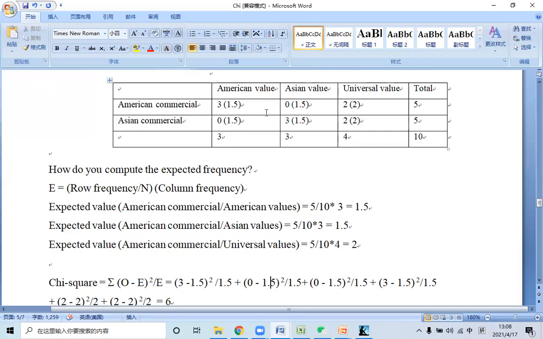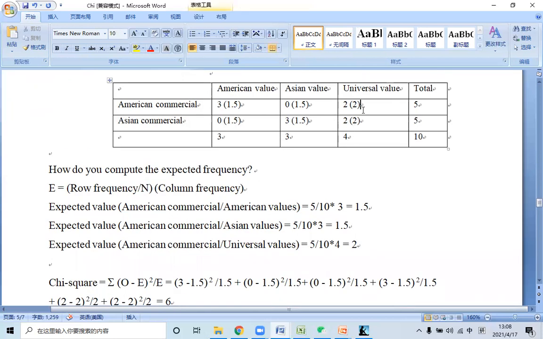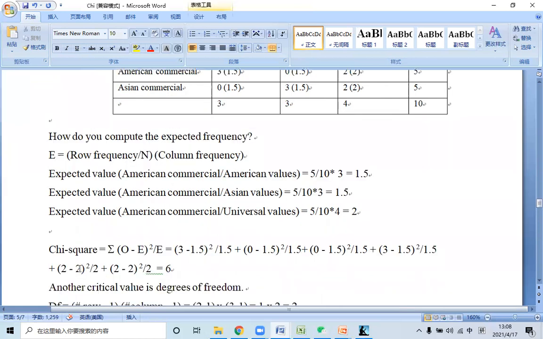So I went this way. For the next one, Asian value, 0 minus 1.5 squared divided by 1.5. For the last column, so I went by the columns, you have 2 cells. They have the same value, expected value versus observed value.